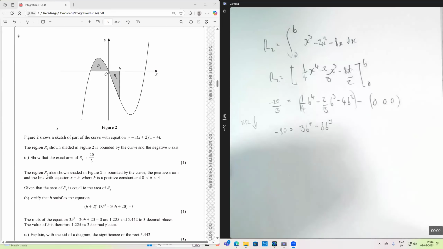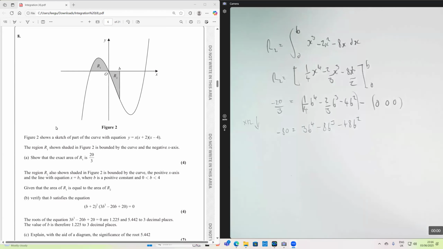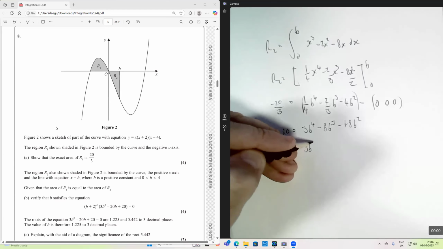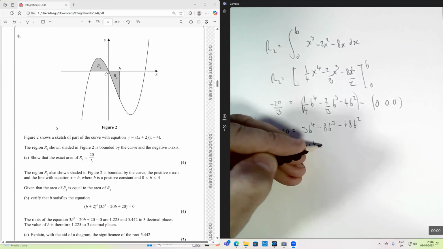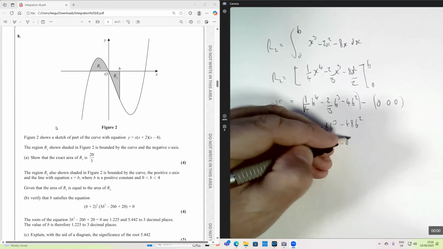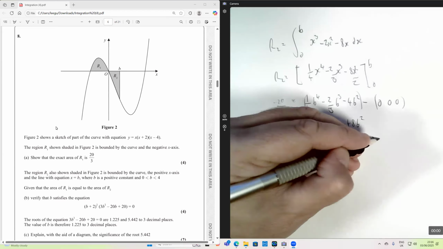And then we're going to times that by 12, so that will be 4 times 12, minus 48b squared. And then we've got minus nothing there. Okay, so let's just get all of that over one side. That gives us 3b to the 4th minus 8b cubed minus 48b squared plus 80 equals 0.